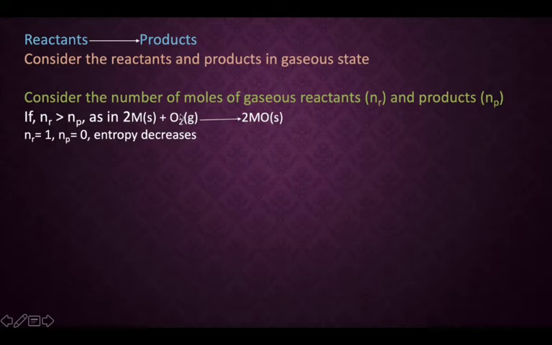So NR is equal to 1 and NP is equal to 0. That means the number of moles of gaseous compounds is decreasing during the reaction, and if the number of moles of gaseous compound is decreasing, that means entropy is also decreasing.